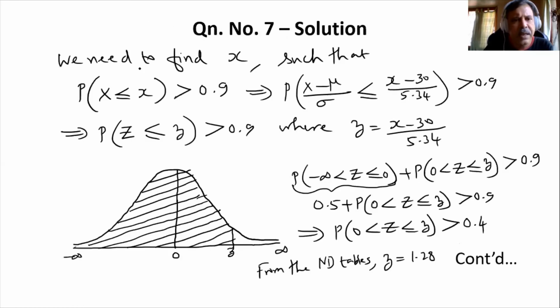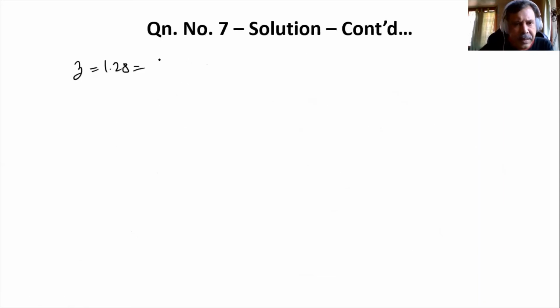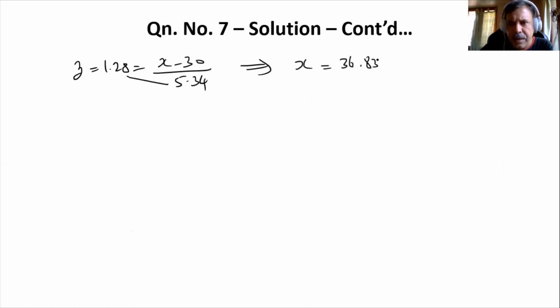What is z? Already we simplified that here. X minus 30 by 5.34. So now cross multiplying and finding the value of x, we will get x as 36.8352, which is approximated to 37.